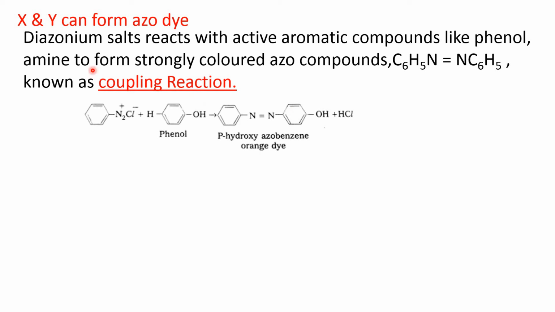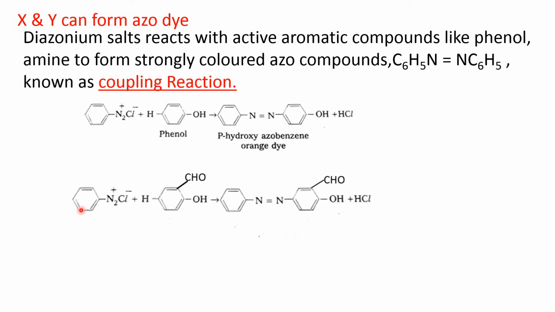Now, this is coupling with phenol. This is diazonium salt and phenol, and after the coupling reaction, this is para-hydroxyazobenzene. This is the azo group, N double bond N. And when the coupling takes place with phenol, it occurs in alkaline medium.